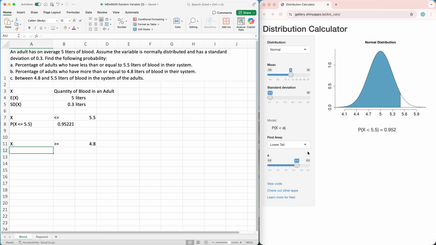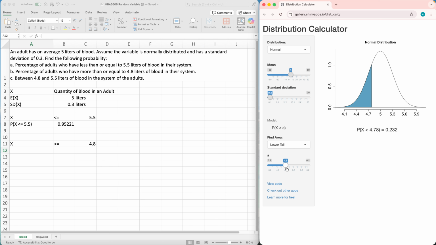We need to change this 5.5 to 4.8, but we are not interested in less than or equal to, we are interested in the upper tail, the area after this. So how do we calculate this? We calculate the area until this point, and we know the total area in any distribution is equal to 1. So we will subtract this white area from 1 to get this value.